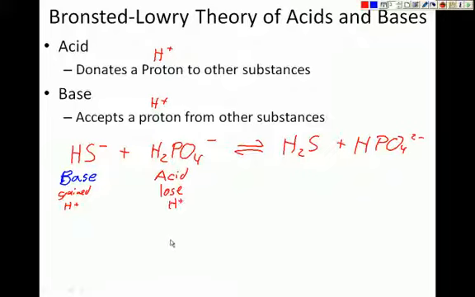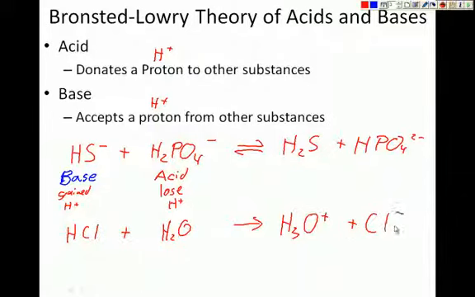Okay? So let's take another look at another one right here. HCl plus something that we did the last time, plus water, and that makes H3O plus and Cl minus. So HCl becomes Cl minus over here, and in order for HCl to become Cl minus, it had to lose an H+.